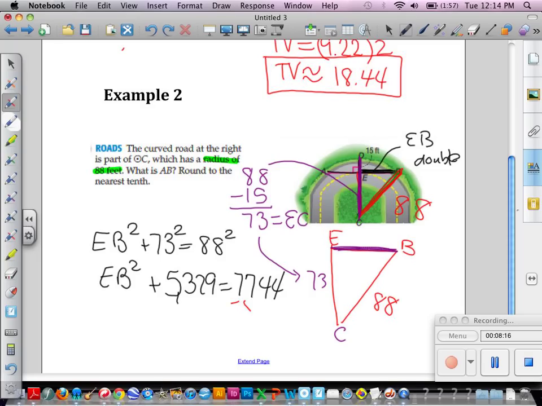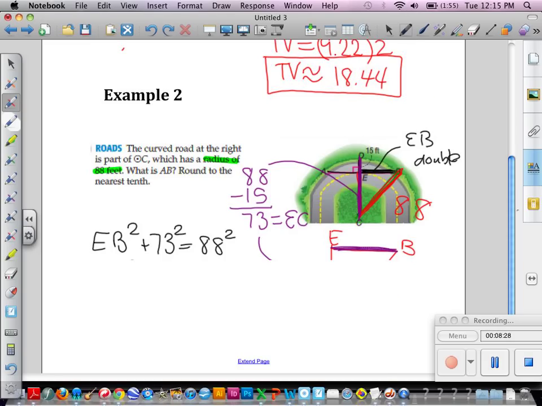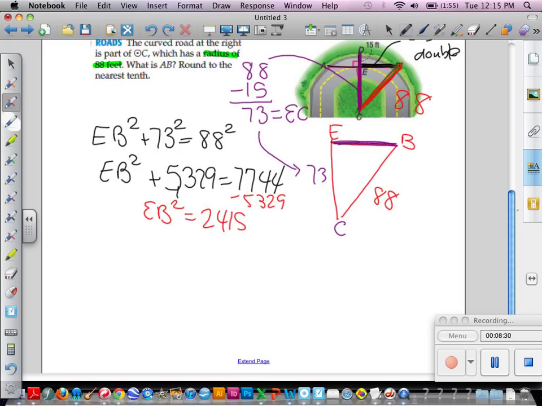Move your 5,329. So now you're getting EB squared equals 2,415. Take the square root. EB equals 49 and 14 hundredths.